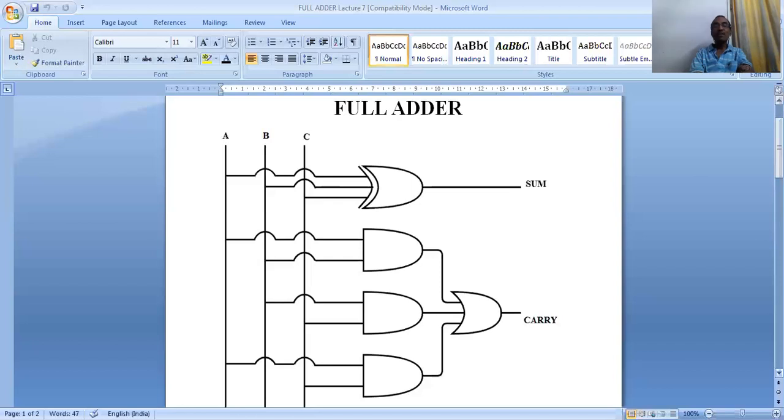For each gate, two inputs are connected to three AND gates. AB, BC, CA. Okay? Next.